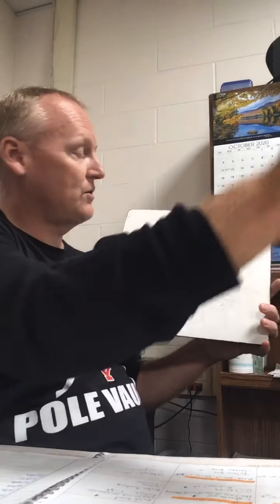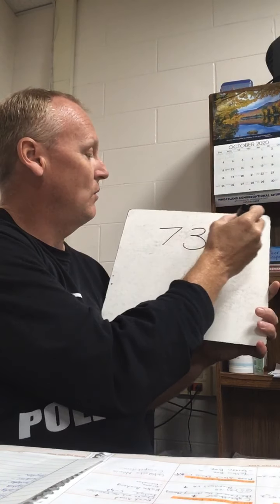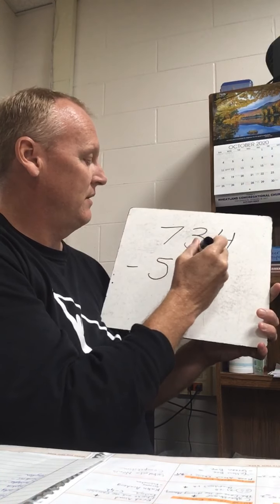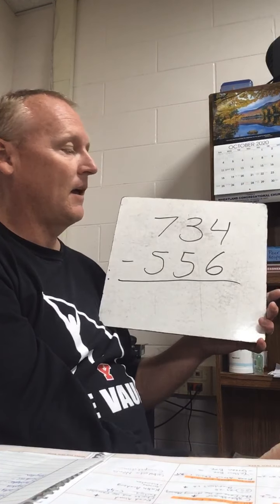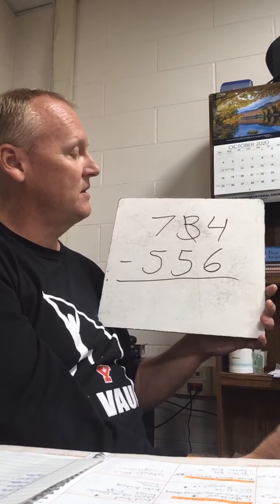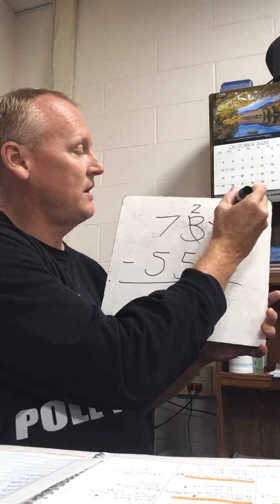All right, let's try 734 minus 556. Okay, 4 minus 6 you cannot do, so you've got to borrow from this. That becomes 2. This becomes 14.